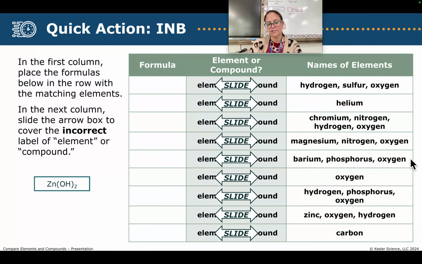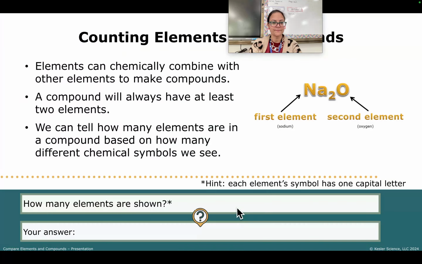Barium, phosphorus, oxygen, compound. Oxygen, element. Hydrogen, phosphorus, oxygen, compound. Zinc, oxygen, hydrogen, compound. Carbon, element. So again, if you have just one type of atom, like helium, oxygen, or carbon, that's an element. If you have a combination of two or more types of atoms, then that's a compound.